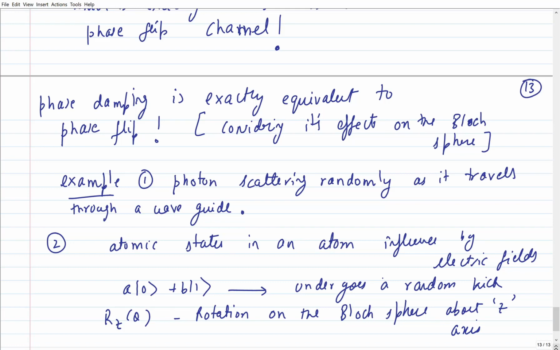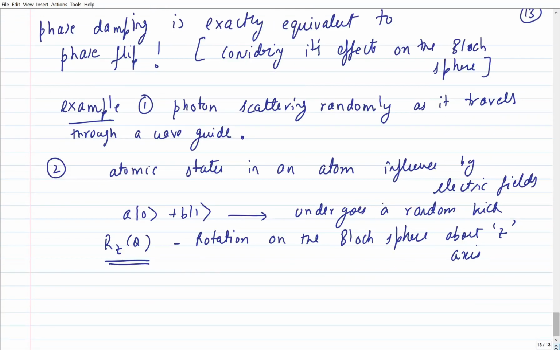So as part of your homework, maybe I can assign some problems where you're going to see how concretely certain environmental interactions with the system lead to this kind of a rotation on the Bloch sphere. Right now, just treat it as what's happening phenomenologically, what's its effect on the Bloch sphere about the z-axis. So this random kick is called the phase kick.